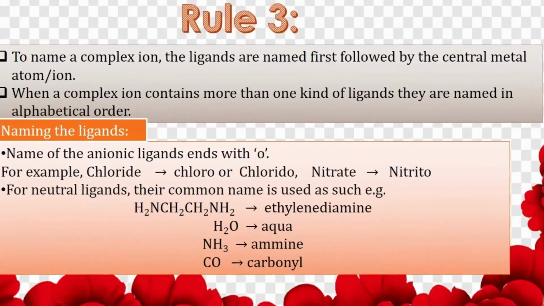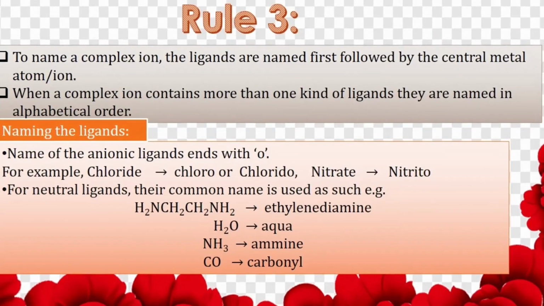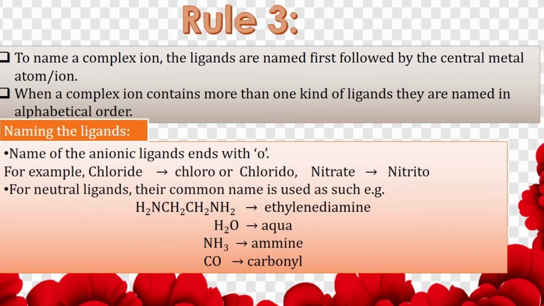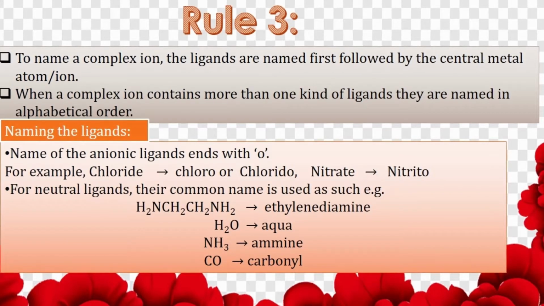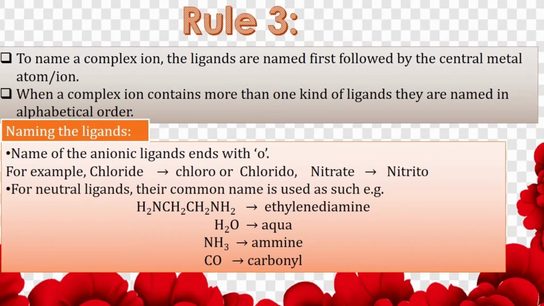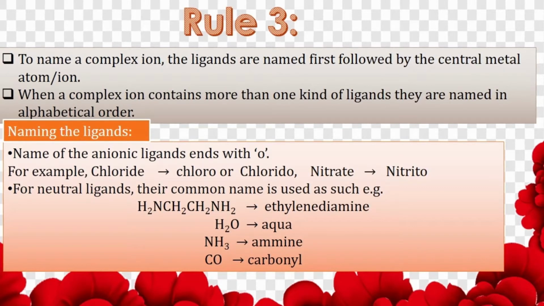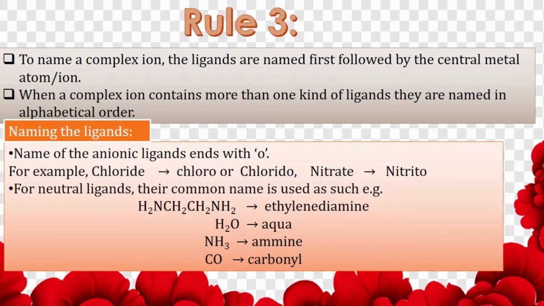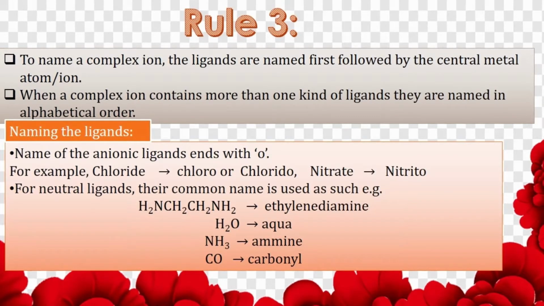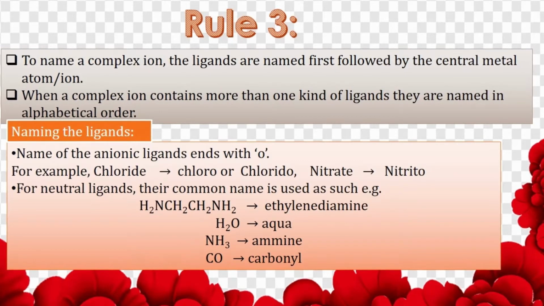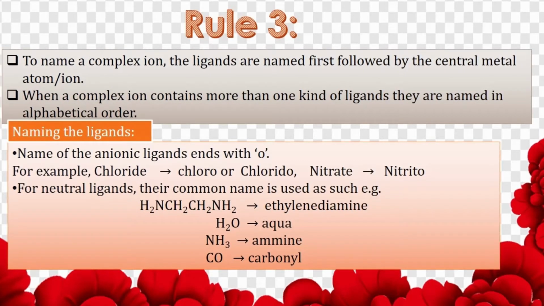The third rule is that while naming the complex ions, ligands will be named first, followed by the central metal atom or ion. If I have more than one kind of ligand, they are named in alphabetical order. While naming the ligands, we follow certain rules.